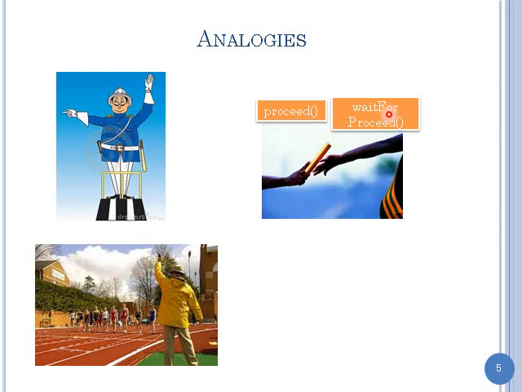So what do you think is going to happen here? When you said wait for proceed in a thread, what happened to you? You were in the ready queue, you became current, you were executing. At this point, you have to be suspended. And where would you go? A waiting queue.